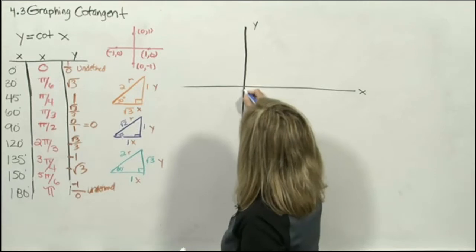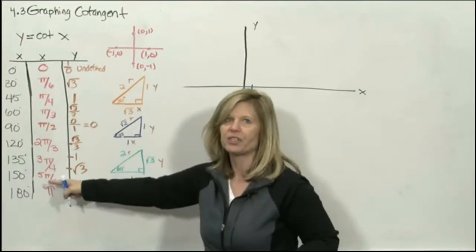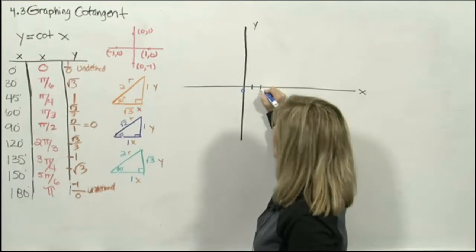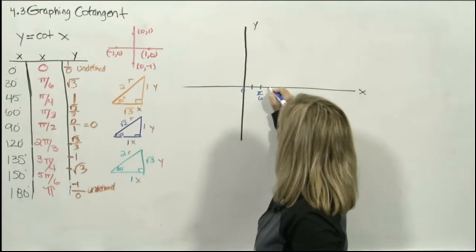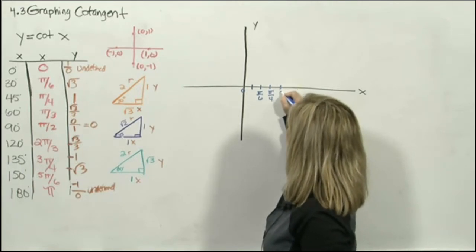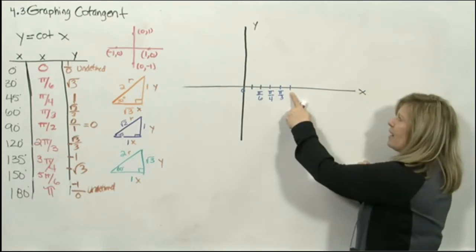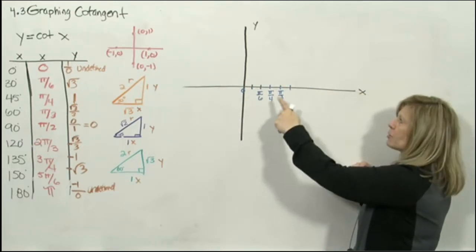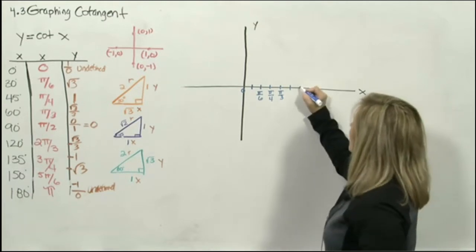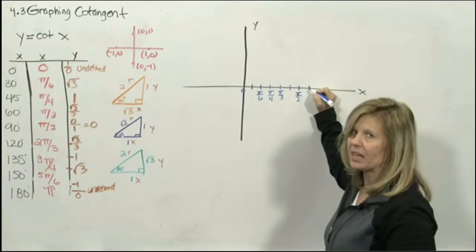So this is 0. That's 15 degrees. Well, I'm not going to mark it because I don't have a 15. 15 twice is 30. I'll mark that as pi over 6. Then another 15, that'd be 45. Then another 15, that'd be 60. Another 15 would be 75. It's not on my T-table, so I'm not going to mark that. Another 15, that would put me at 90. 90 plus 15 is 105.